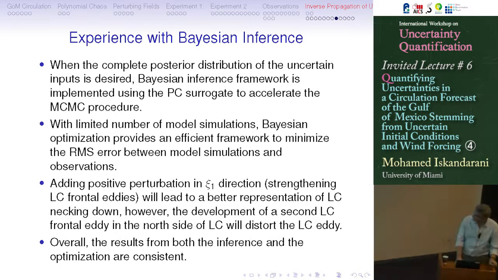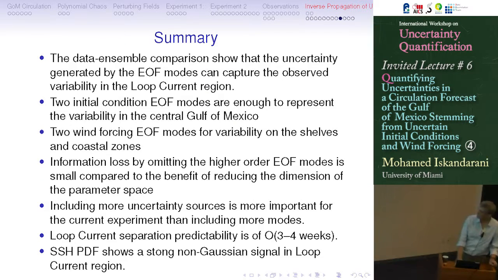We did it in two different ways, and the other technique we used is Bayesian optimization, and it pretty much gave the same results, whether you're using the Monte Carlo sampling or the Bayesian optimization. So our data ensemble comparison shows the uncertainty generated by the EOF modes does a fairly good job at representing the observed variability in the loop current regions.